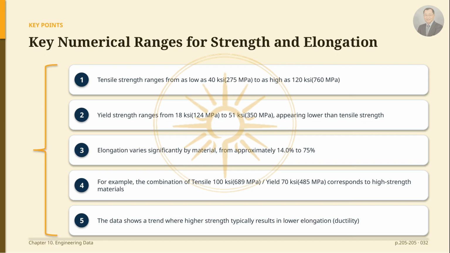Elongation shows a significant difference by material, ranging from approximately 14% to 75%. For example, a combination with a tensile strength of 100 KSI, 689 MPa, and a yield strength of 70 KSI, 485 MPa, corresponds to a high-strength material. Overall, the data shows a trend where as strength increases, elongation or ductility tends to decrease.